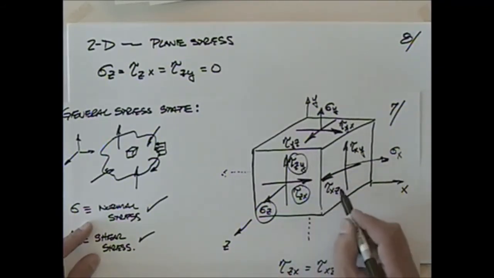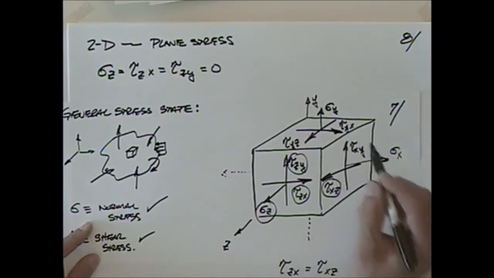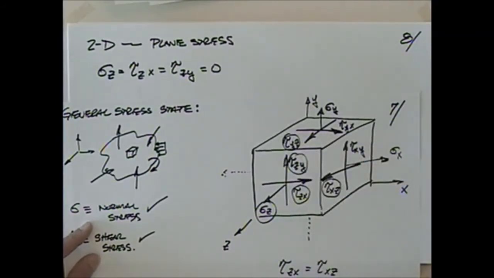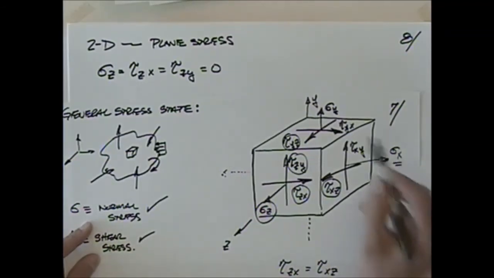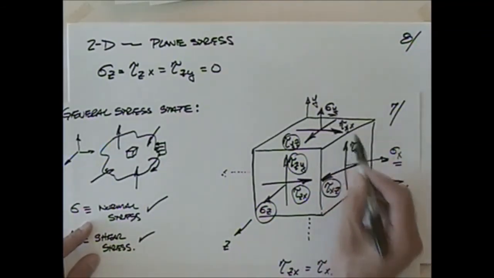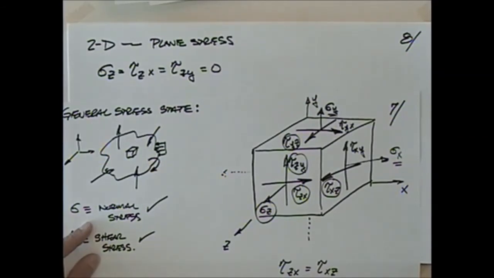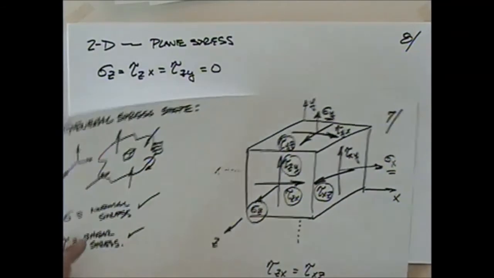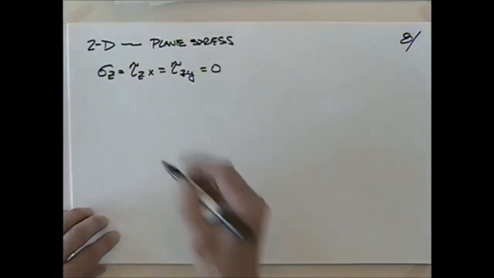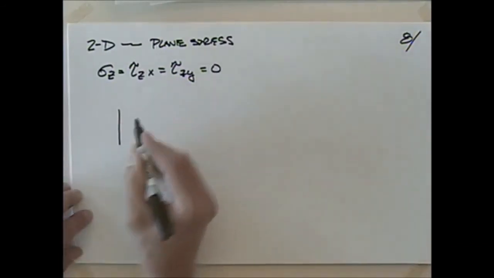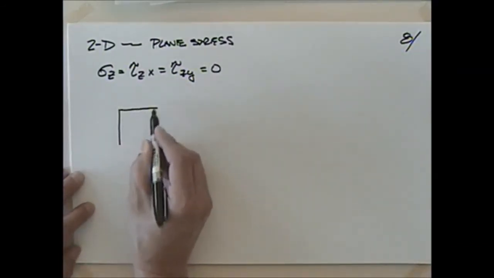Well, if these two are 0, then this one would be 0, and this one would be 0, right? So I'm left then with sigma x, sigma y, and tau xy and yx, which would be the same. So let me draw that, and I can draw this on a two-dimensional element that's a lot easier to look at.